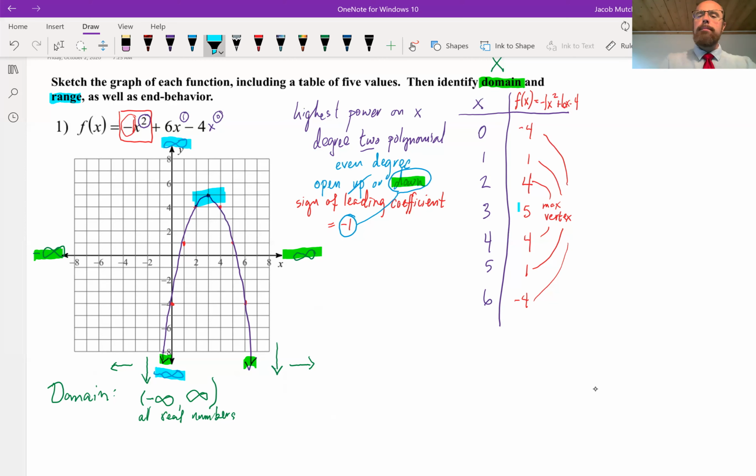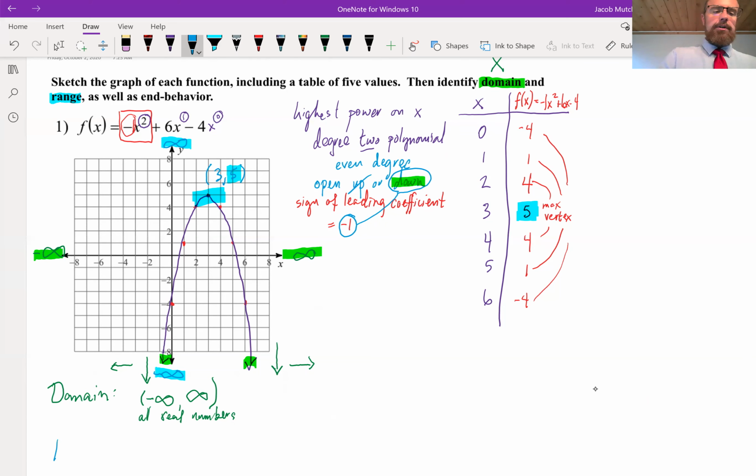We marked it as the maximum or the vertex. So if I label it here on my graph, that point 3, 5, really where I'm focusing is this 5, because that's the y value of that vertex. And the reason I'm focusing there is because that's the highest point on the graph. And that really allows us to write our range.